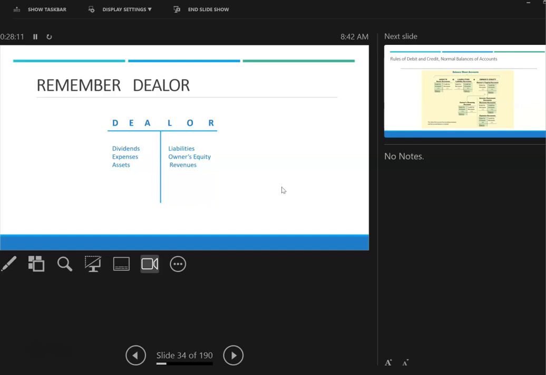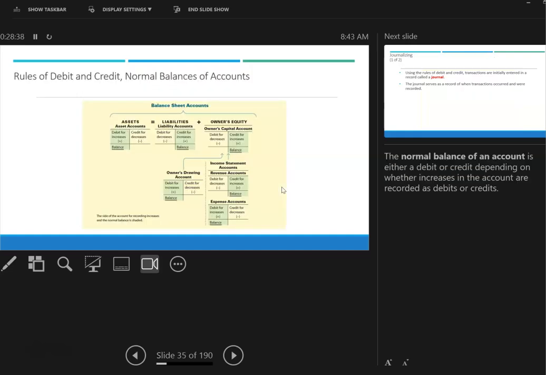So to help you remember what is the normal balance, drawings or dividends, expenses, and assets will always have a normal debit balance. Liabilities, owner's equity, and revenues will always have a normal credit balance. So here's another slide that just expands it.